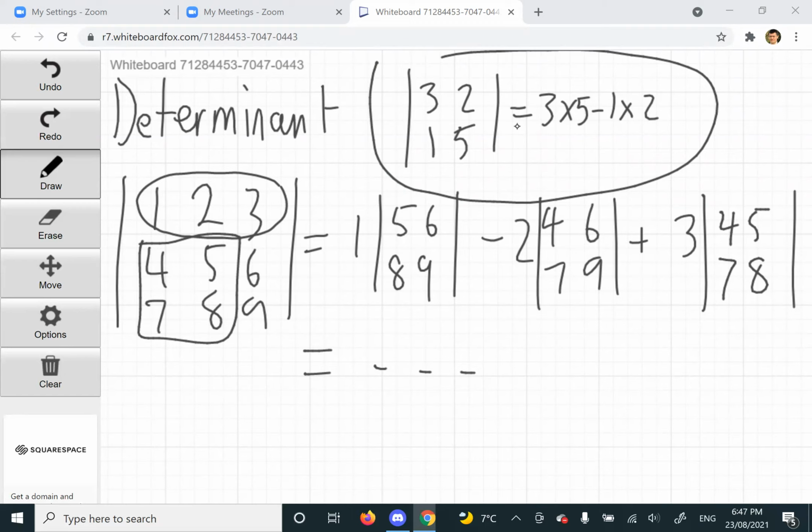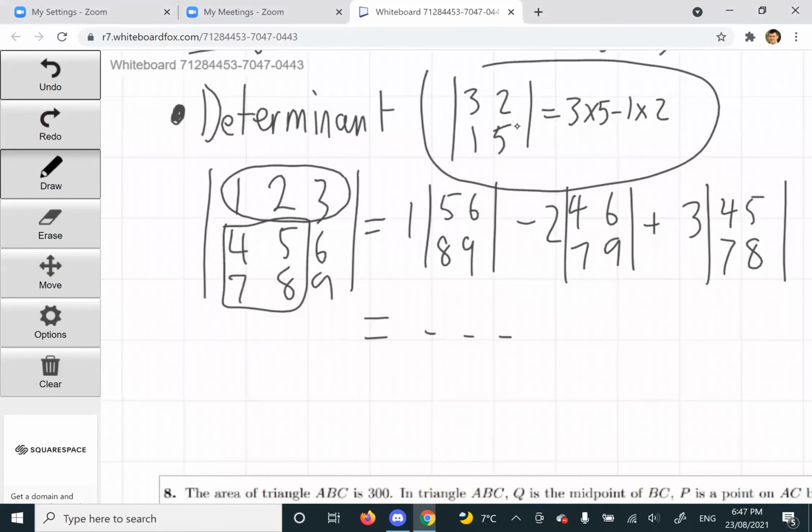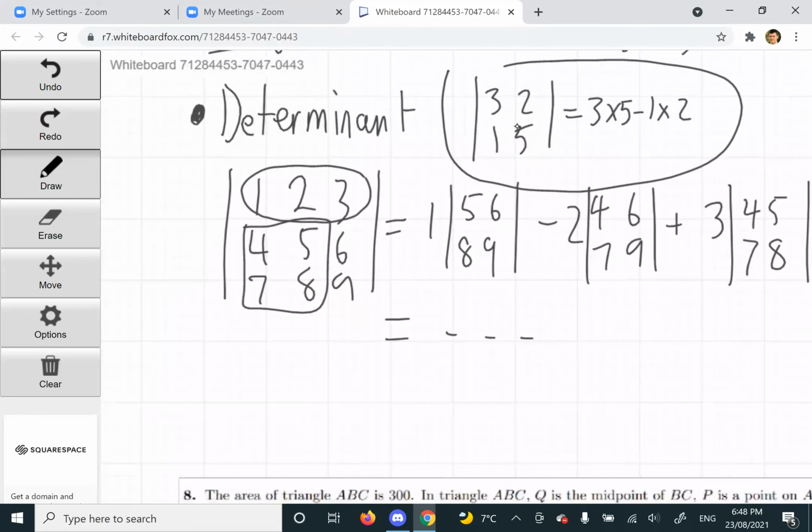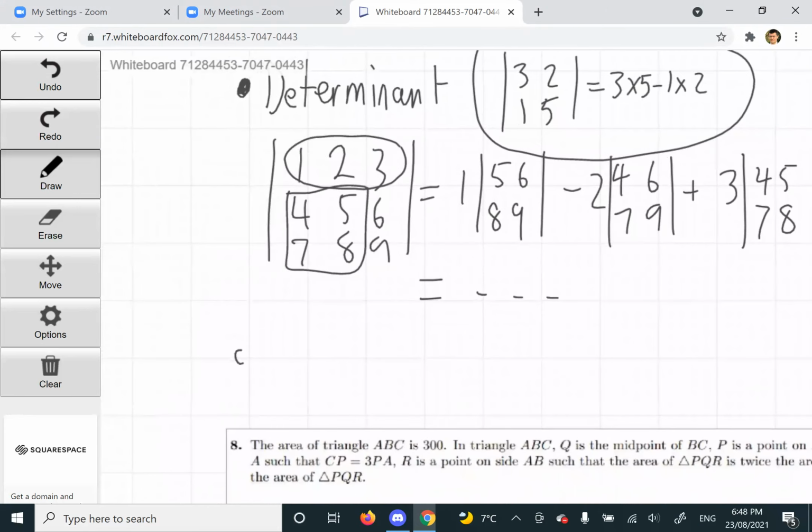The reason I'm introducing this is because it gives me a convenient way to express the area formula in barycentric coordinates.